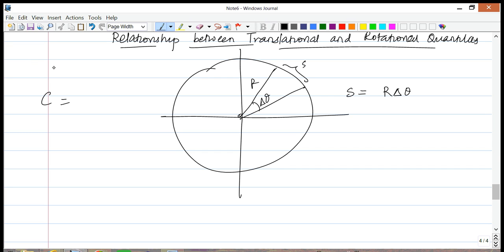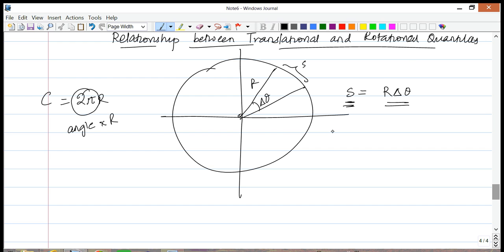Circumference c is equal to 2 pi times the radius. What is 2 pi? 2 pi is the angle that you cover when you go around the circle once. So it is nothing but an angle times the radius. That's precisely what we have here: the arc length is equal to some angle multiplied by the radius.